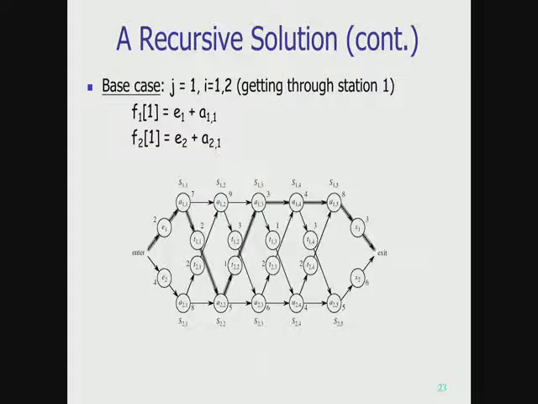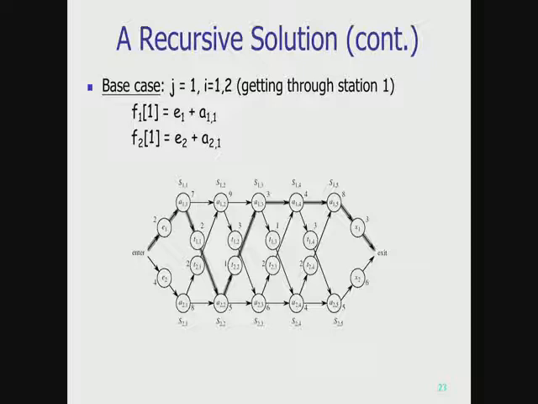Let us start off with the base case. Let us consider F1 of 1, that is through station 1, what is the fastest path that goes through station 1 on line 1. It is the time taken to enter line 1 and get processed at the first station.